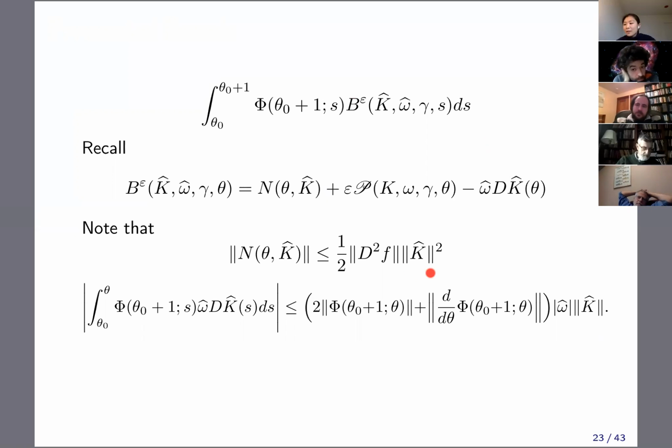And this D squared norm that appears here is the C0 norm of the second derivative of f in a neighborhood of the unperturbed periodic orbit. And the second term in B epsilon can be controlled by just assumptions on the calligraphic P. And the third term can be controlled using integration by parts like this.